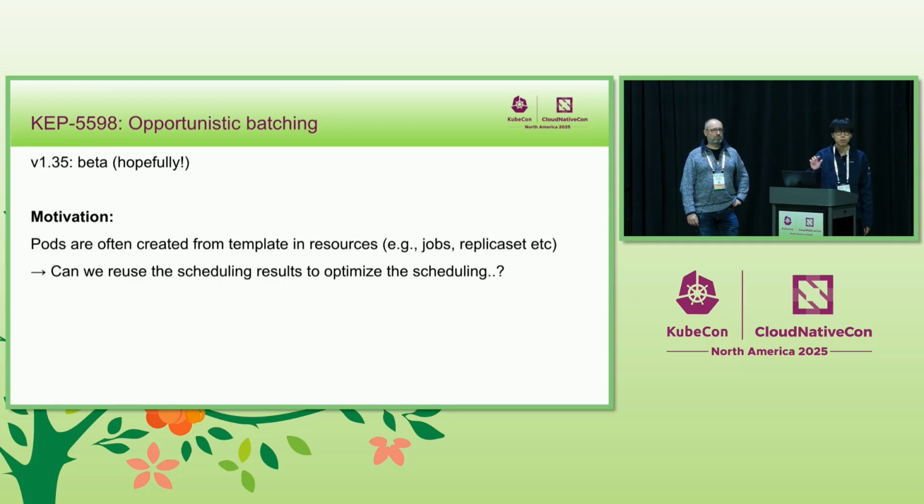They have a template, and we are creating pods from the template. So, do we really have to evaluate all nodes every scheduling, or can we implement some fast path for those pods?